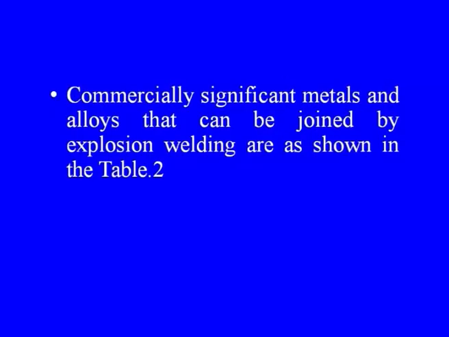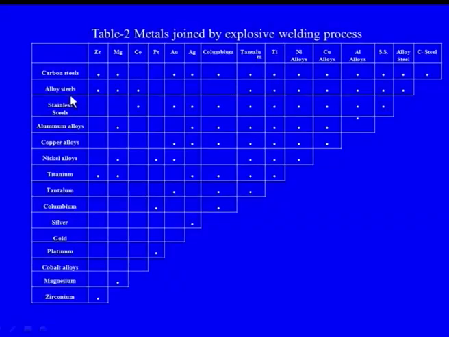Commercially significant metals and alloys that can be joined by explosion welding are shown in this table on the screen. Different materials like carbon steels, alloy steels, stainless steels, aluminum alloys, copper alloys, nickel alloys, titanium, tantalum, etc. are shown against the materials with which they can be explosion welded.